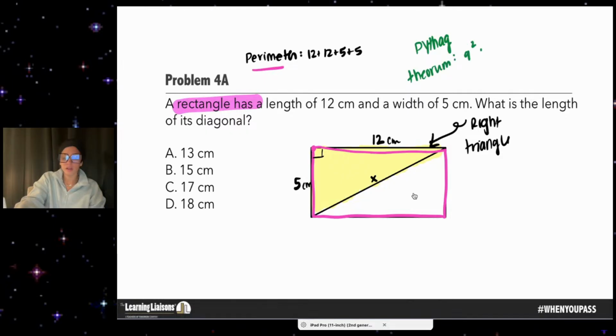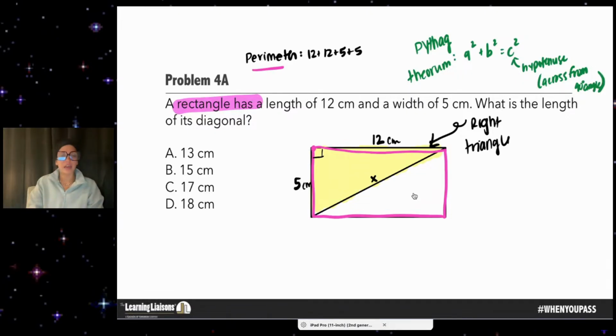A squared plus b squared equals c squared, where c is your hypotenuse, which is across from the 90-degree angle. And everything else are your legs, what we call them.